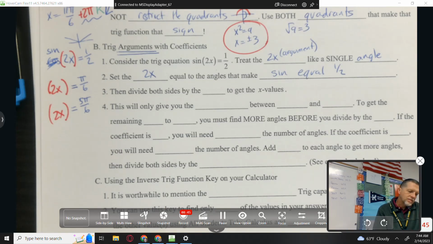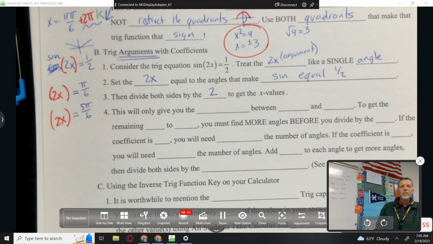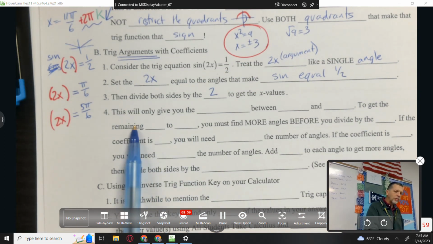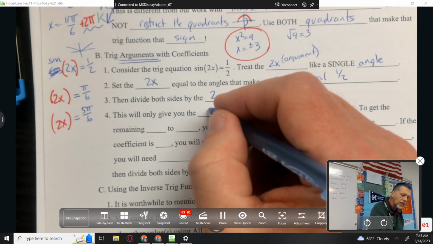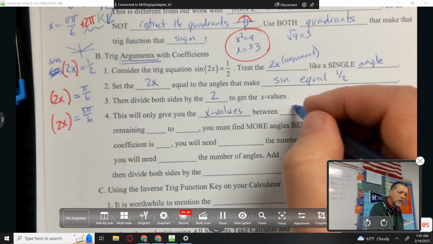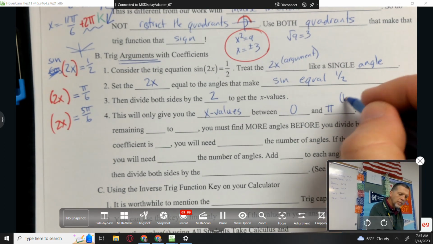Now, if we divided both sides by 2 to get x by itself, that will only give us the x values between 0 and pi, because we divided by 2.